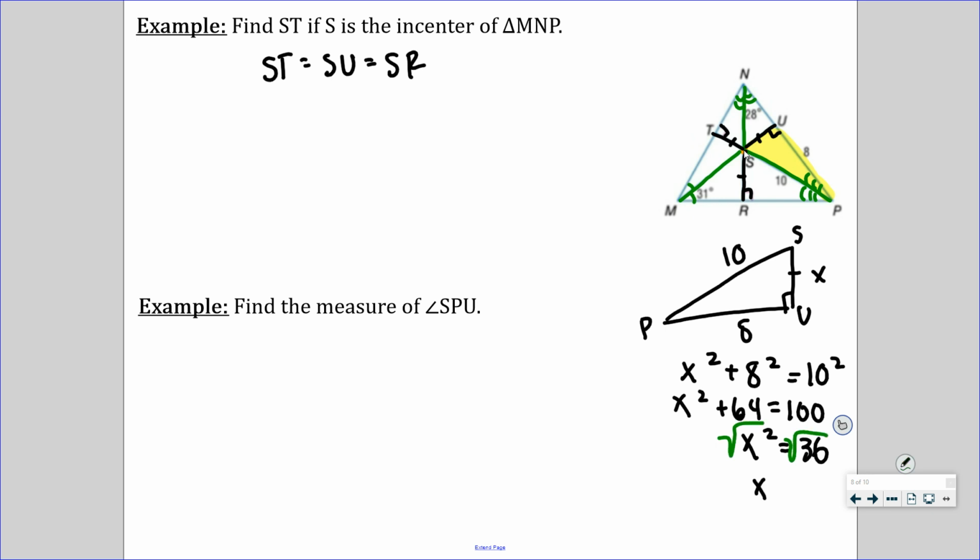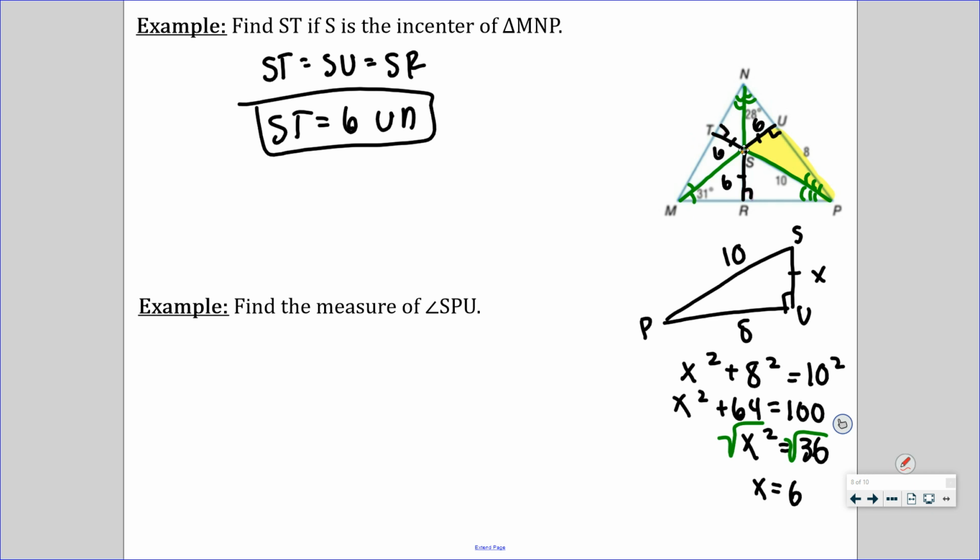Square root both sides. That gives us 6. These are all distances of 6 then. So we know ST is also going to be 6 units, talking about technically the incenter theorem. Again, I like to think about it as just a characteristic of the incenter, that it's always equidistant from each side. Again, it's not showing us a perpendicular bisector.